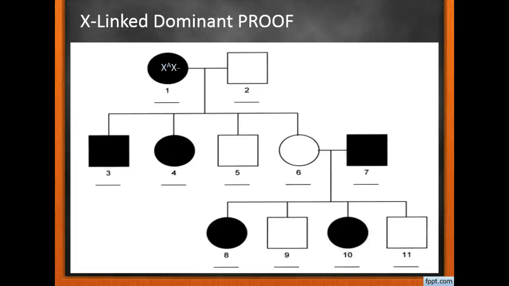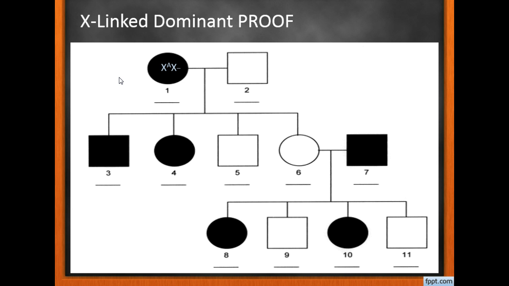So in this case, we're doing X-linked dominant, so we know that this female has at least 1 dominant allele. The X's represent the X chromosome, and the A is the allele that's on that chromosome. The reason why I put a dash here is because we do not know whether that is another big A or a small a. And sometimes when you fill out the pedigree, you can trace back to that and figure that out.